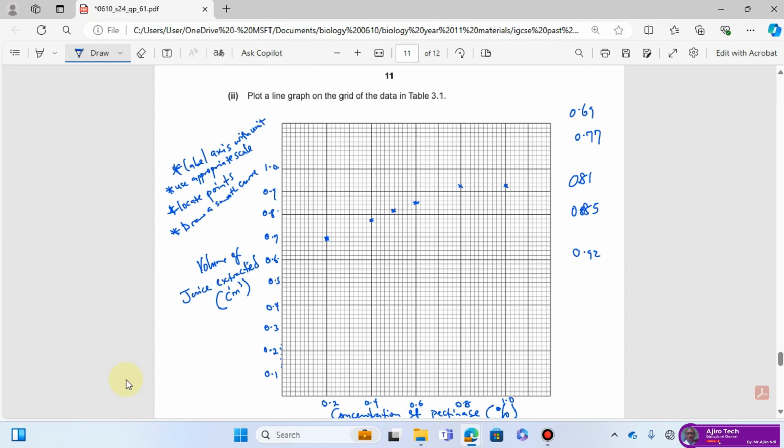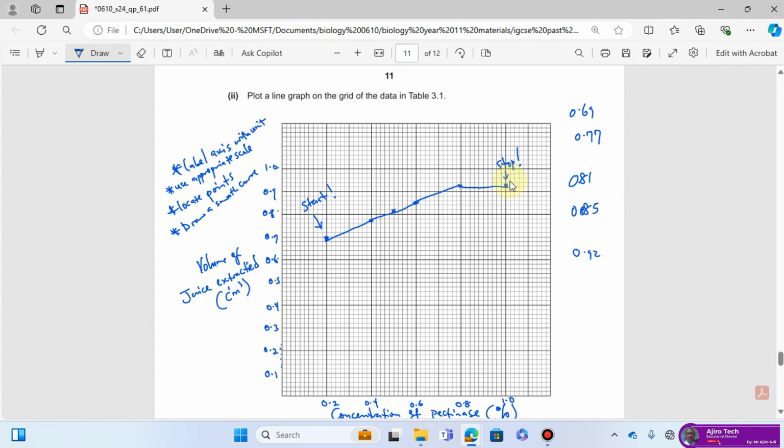So you just take your ruler or you do a simple freehand sketch and you join all the points together. Don't mind me, I'm using the hand and the drawing tool. So usually when you draw, you start from the first point. That's how to draw your curve. We start from the first point on your graph and you stop your curve at the last point on your graph.